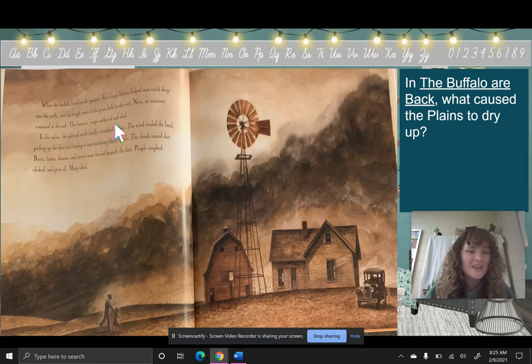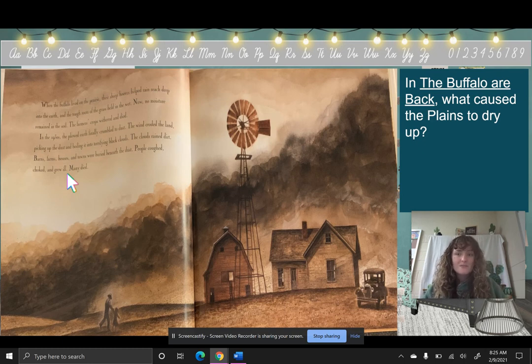Farmers' crops withered and died. In the 1930s, the plowed earth finally crumbled to dust. The wind eroded the land, picking up the dust and boiling it into terrifying black clouds. The clouds rained dirt. Barns, farms, houses, and towns were buried beneath dust. People coughed, choked, and grew ill.